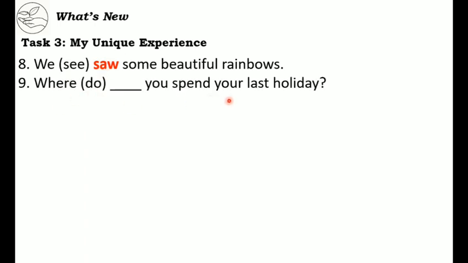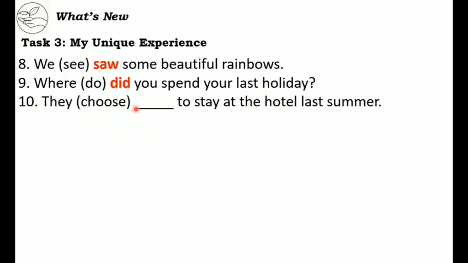Where do you spend your last holiday? Okay. To transform this into the past tense, ang do ay magiging did, so it will become like this. Where did you spend your last holiday? And number 10, they choose to stay at the hotel last summer. Now, the past tense of choose is choose with only one O. So it's going to be like this.